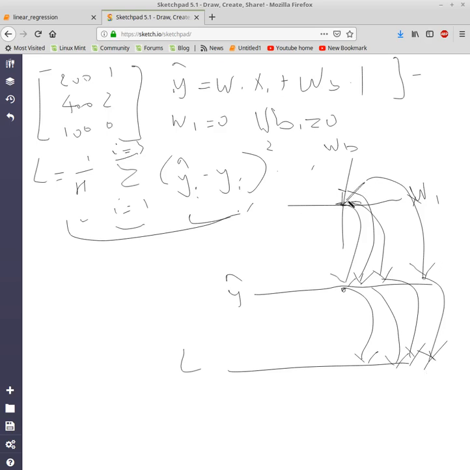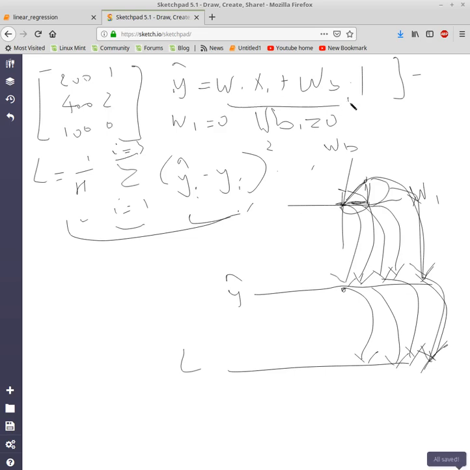So by changing W1 by that amount, we see how it affects y, and then we will add how changing WB by this amount changes y. We'll add those two changes together to get this change right here.